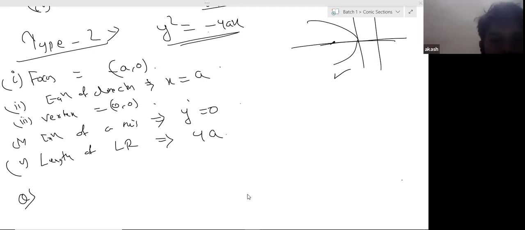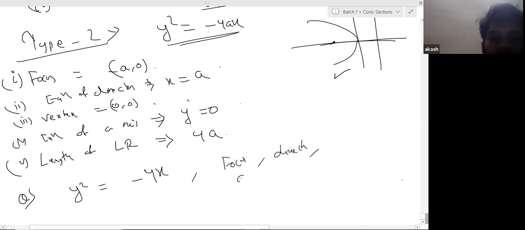All right, try to solve this question. y square equals to minus 4x. You have to find focus, directrix, axis, latus rectum, and vertex.